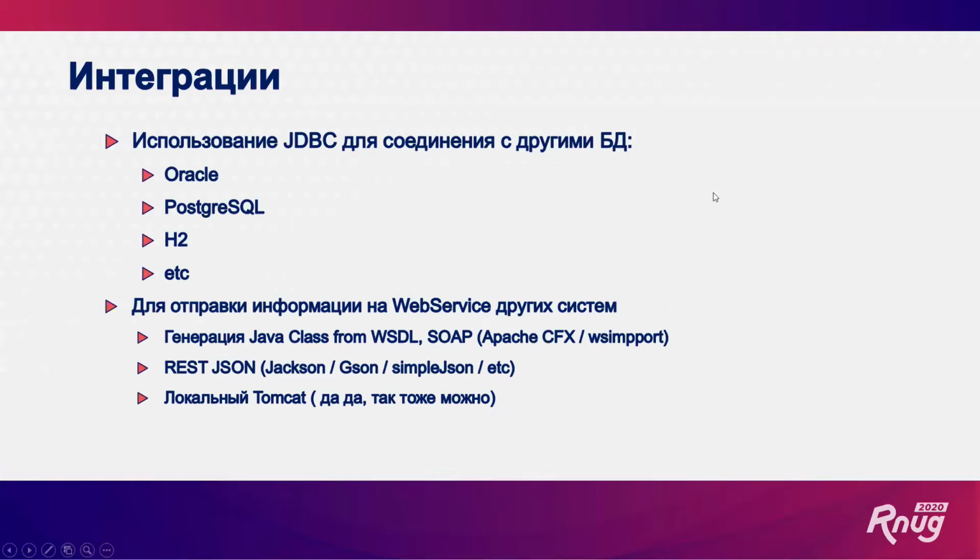About the integrations, as I said, you can use JDBC for the connection with other drivers: Oracle, Postgres, SQL, H2, etc. And if you want to, you can also generate a Java class from WSDL. Well, we have a lot of options here. You get a WSDL.